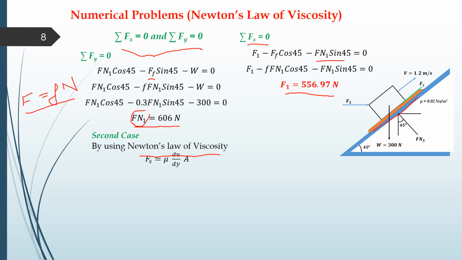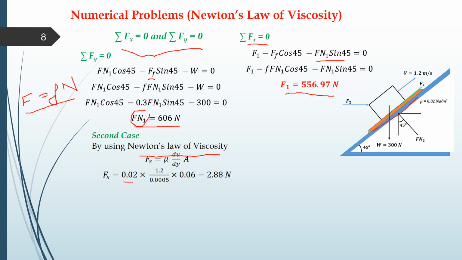This was the formula used in the previous case in dry conditions, but here we will use the shear force given by Newton's law of viscosity. Fs is equal to mu, the coefficient of dynamic viscosity, which is 0.02, times du, the velocity.